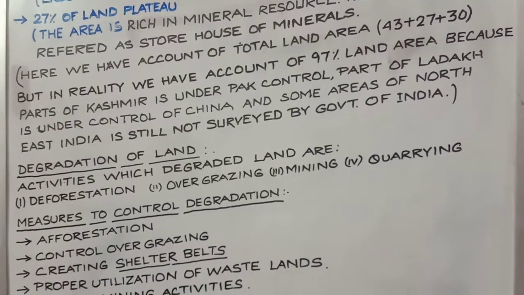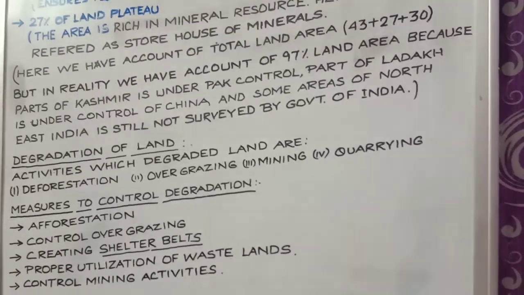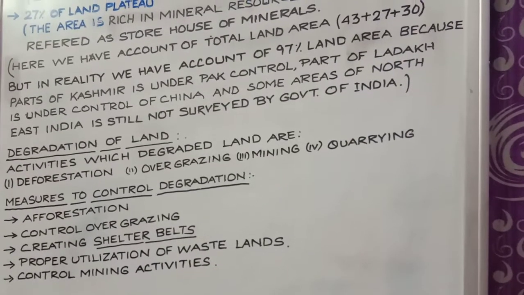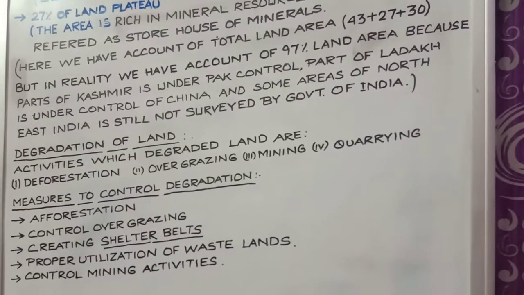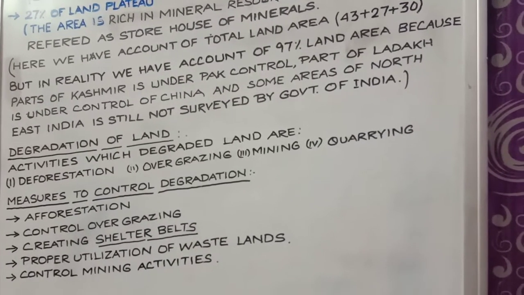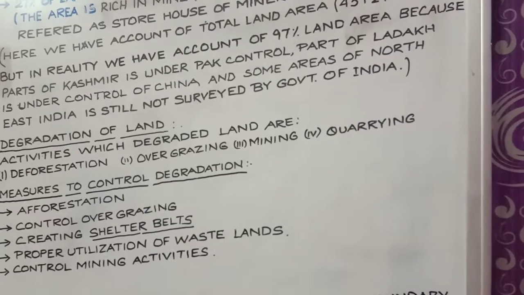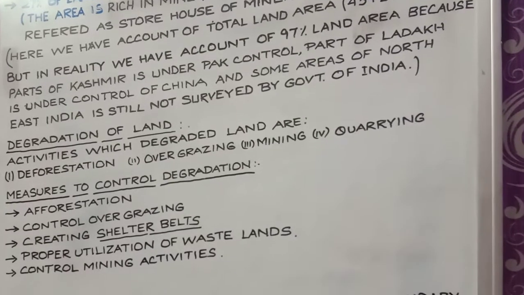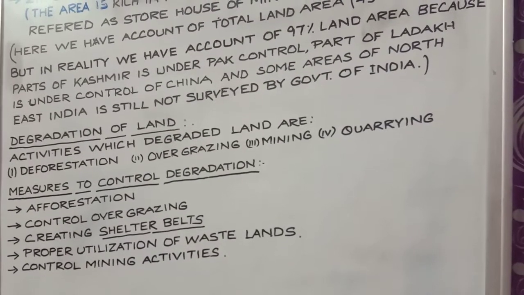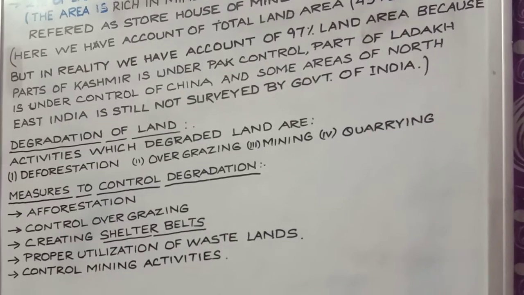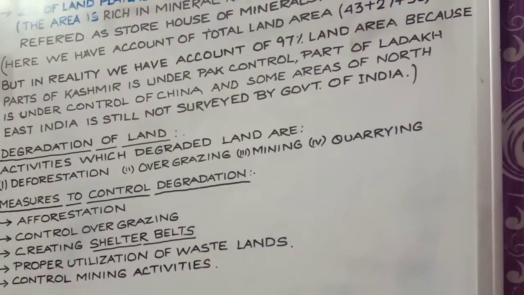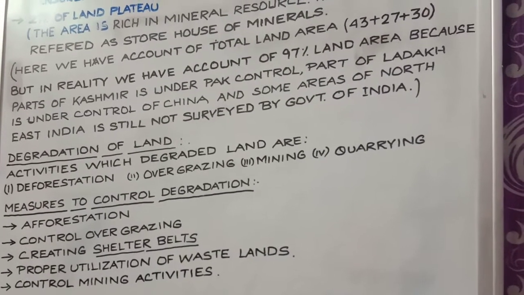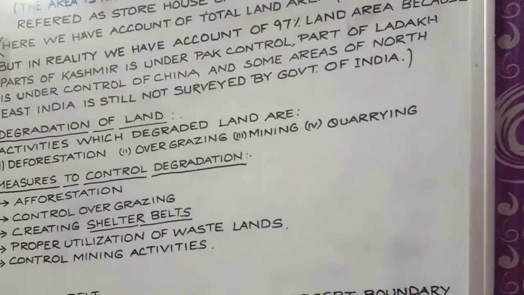Next we come to how we can control degradation. We can control degradation by afforestation. Afforestation means planting more trees. Control overgrazing, that is, we should control the overgrazing of land by our cattle. Then creating shelter belts. Here I have underlined the word shelter belt, because I am going to discuss what a shelter belt is later on.